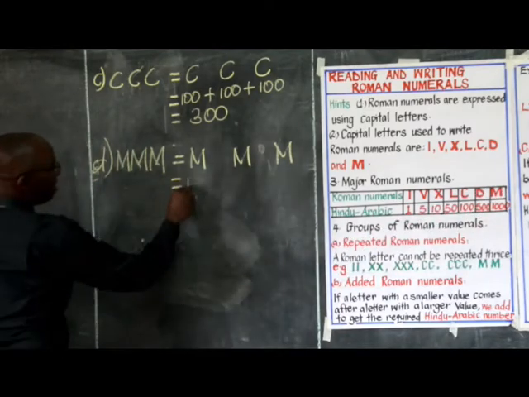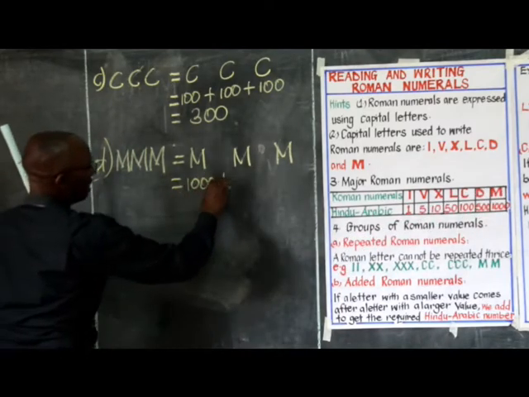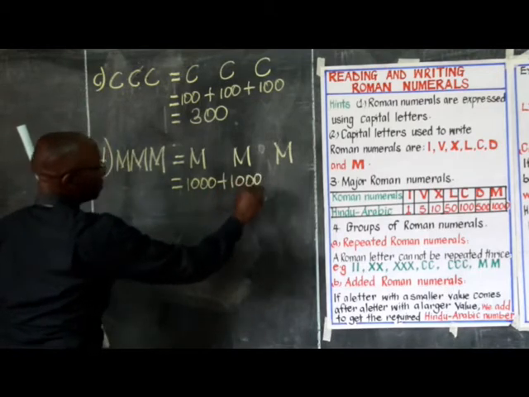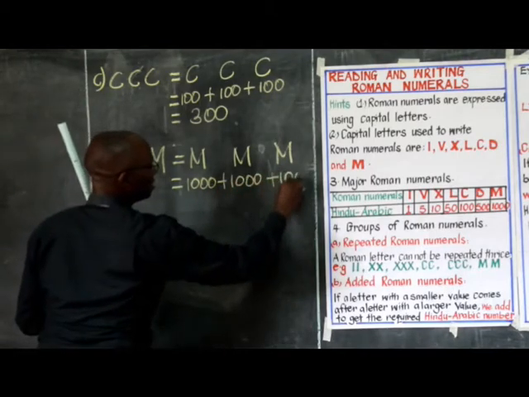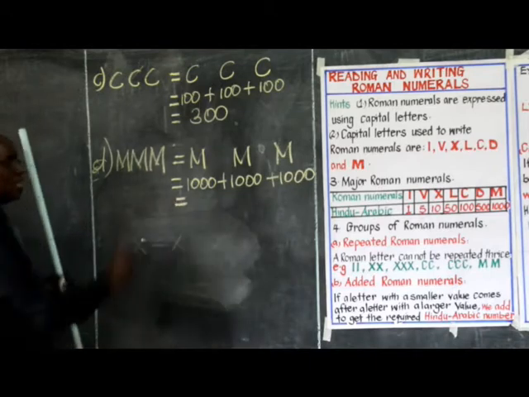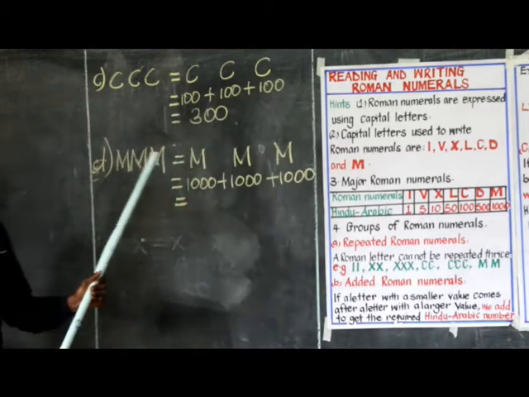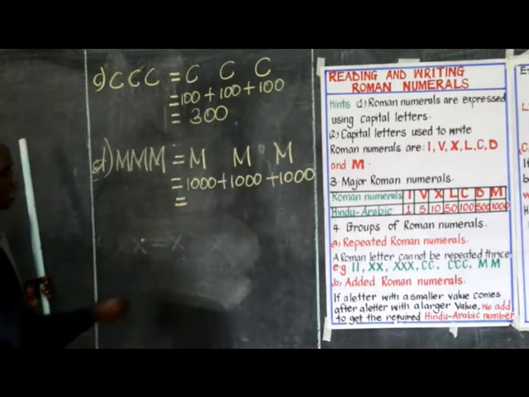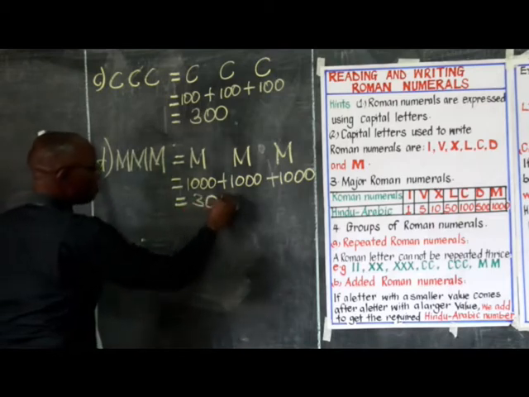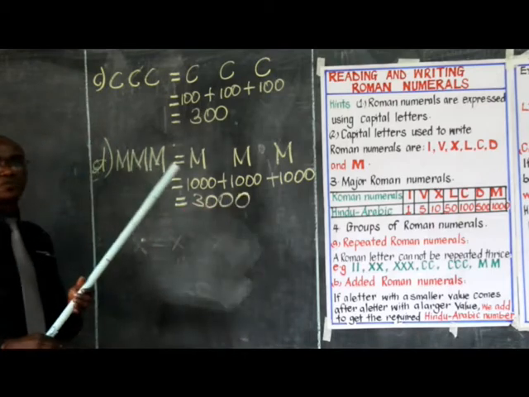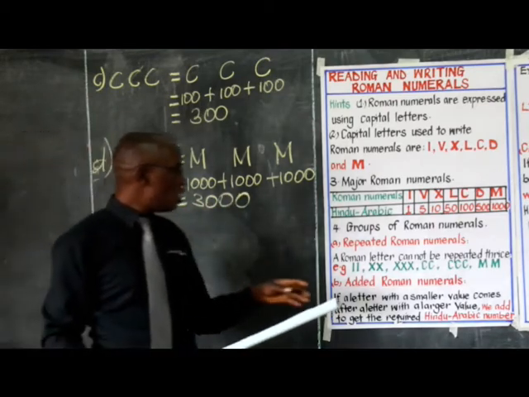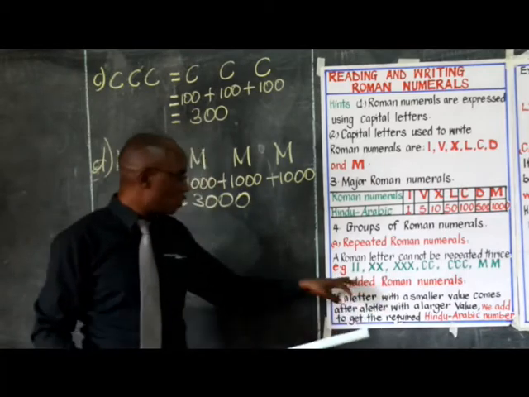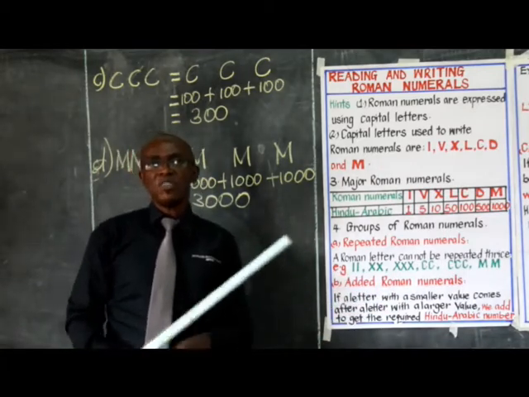So that is 1,000 plus 1,000 plus 1,000, meaning that MMM is 3,000. But remember, I have said in Roman numerals you cannot write a letter more than thrice.